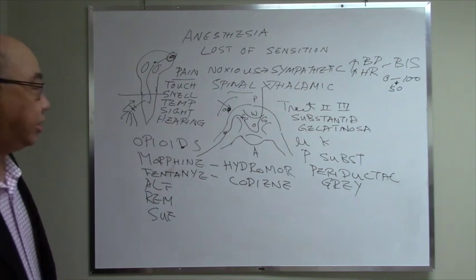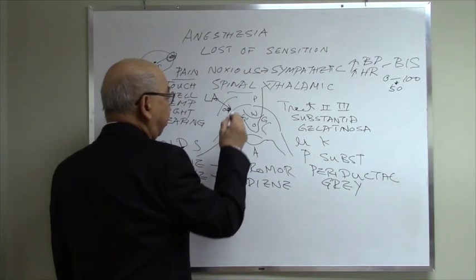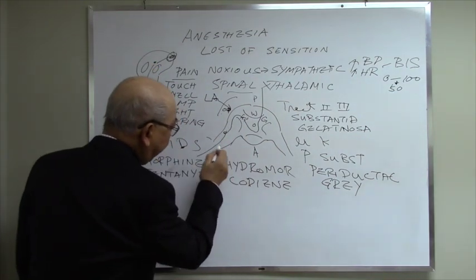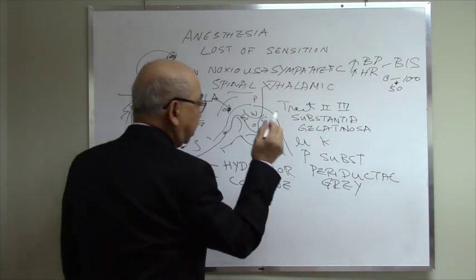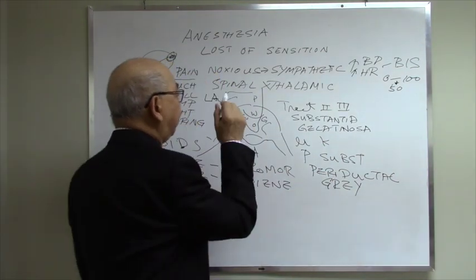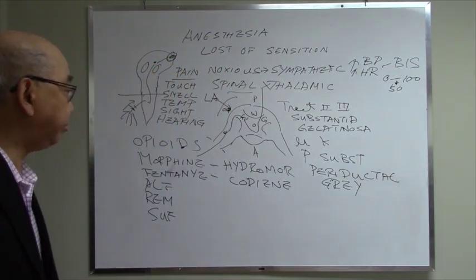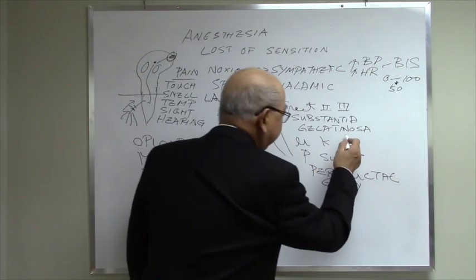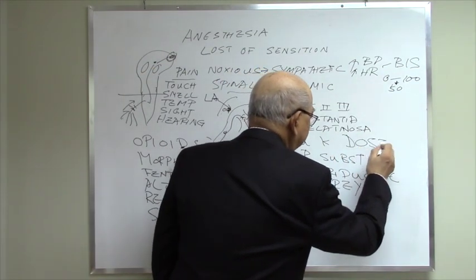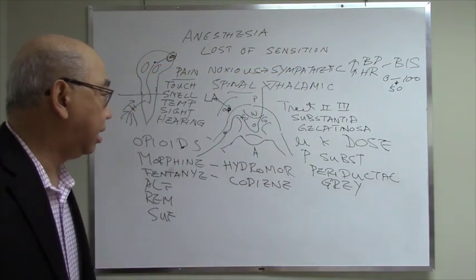In the last lecture we used local anesthetic, which blocks the nerve here. But this one we use a specific agent which blocks only the spinothalamic tract. Now, of course, it all depends on the dosage. Some people require a higher dosage, some people require a lower dosage.